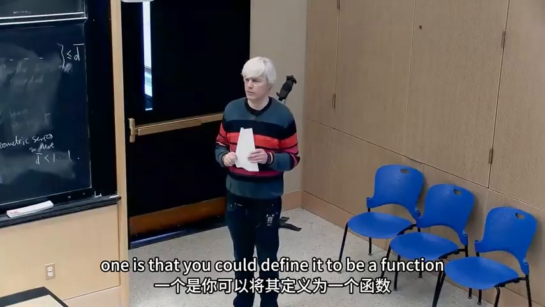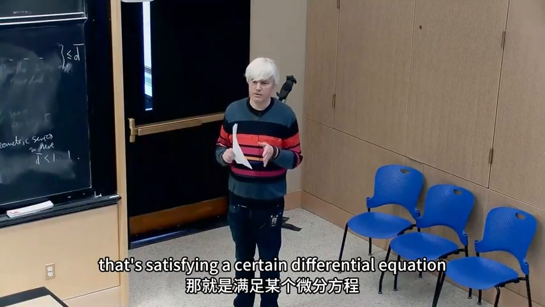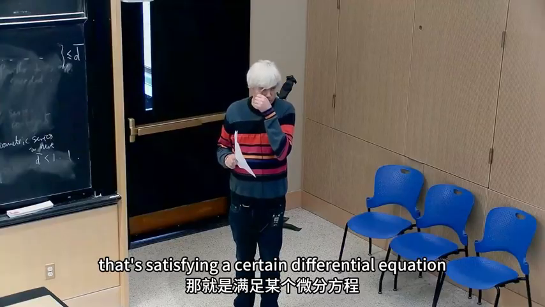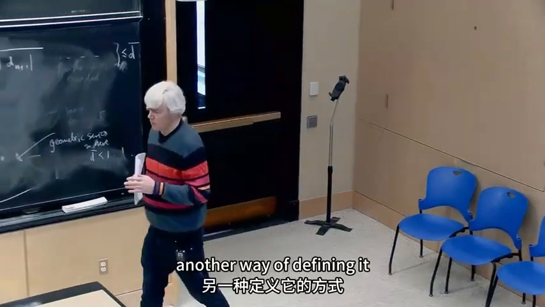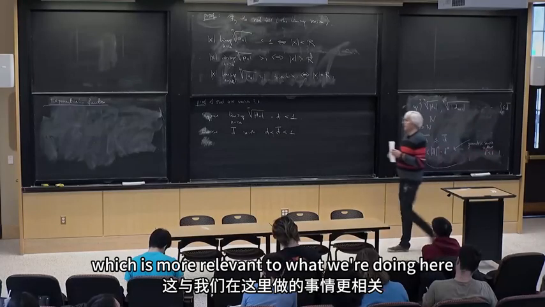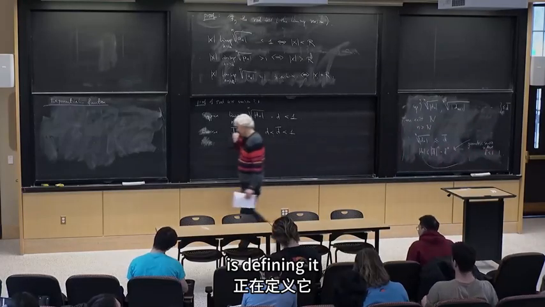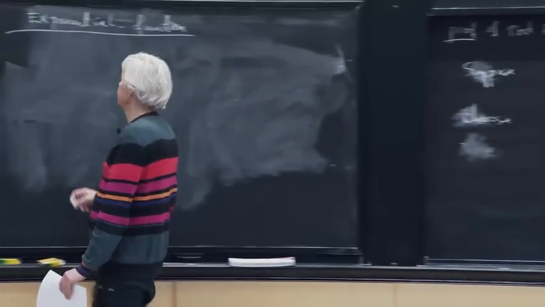One is that you could define it to be a function satisfying a certain differential equation, and that would be a good way of defining it. Another way of defining it, which is more relevant to what we're doing here, is defining it as a power series.